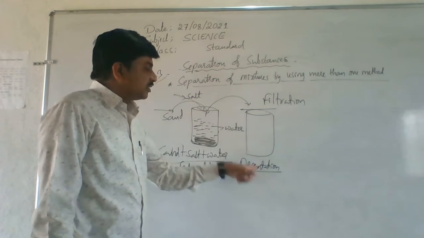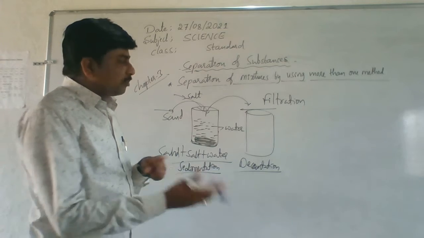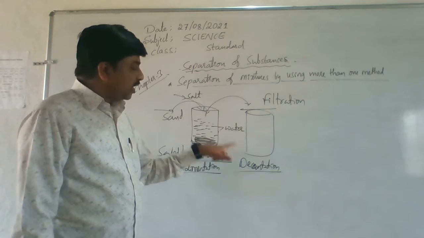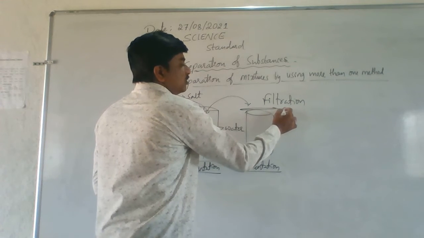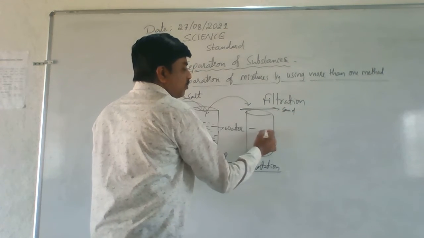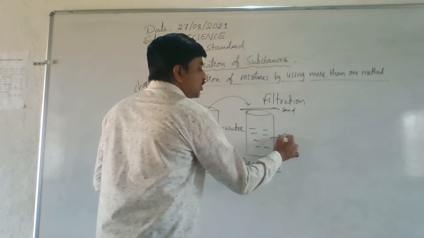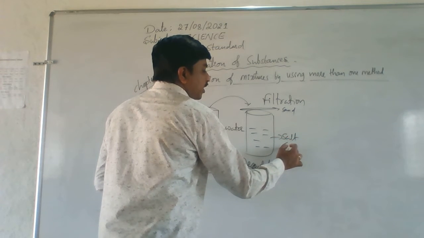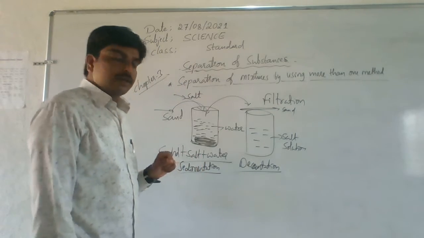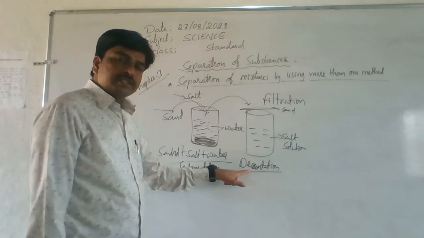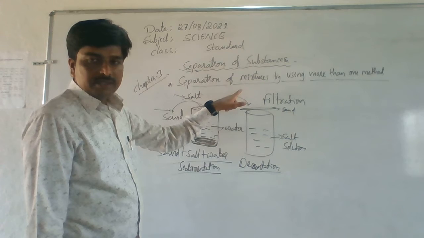By using filtration and decantation, you can separate the salt solution and sand particles. So here in the filter, sand remains. In the beaker, what do you get? Salt solution.